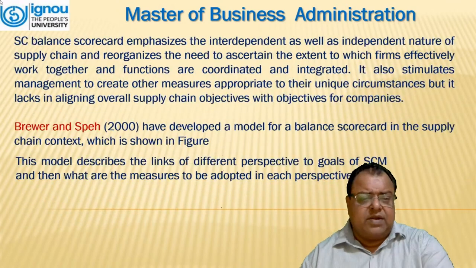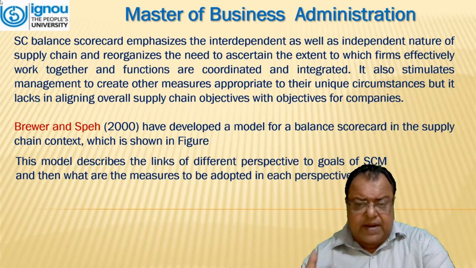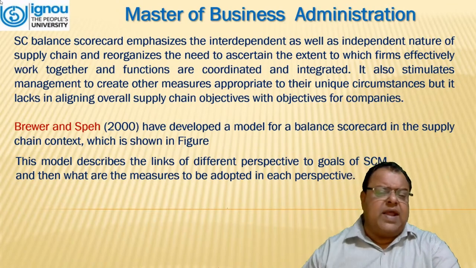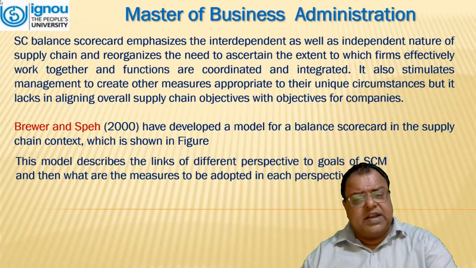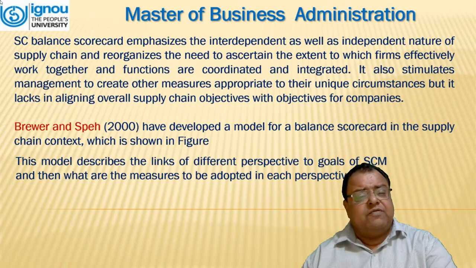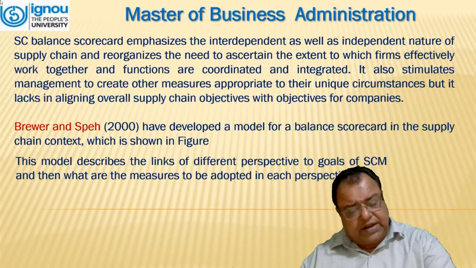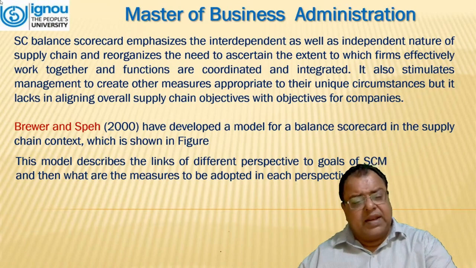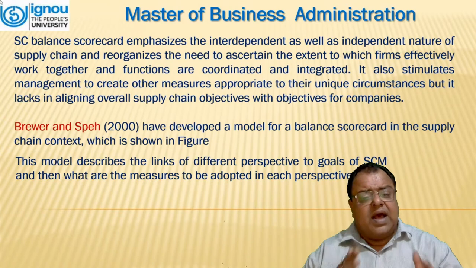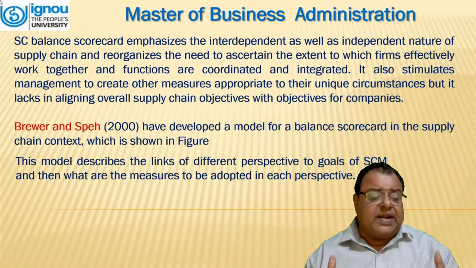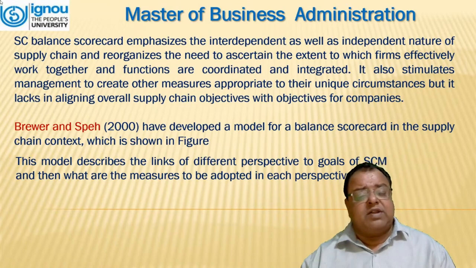The supply chain balanced scorecard emphasizes the interdependent as well as dependent nature of the supply chain and recognizes the need to ascertain the extent to which firms effectively work together and functions are coordinated and integrated. It also stimulates management to create other measures appropriate to their unique circumstances, but it lacks in aligning overall supply chain objectives with objectives for companies.